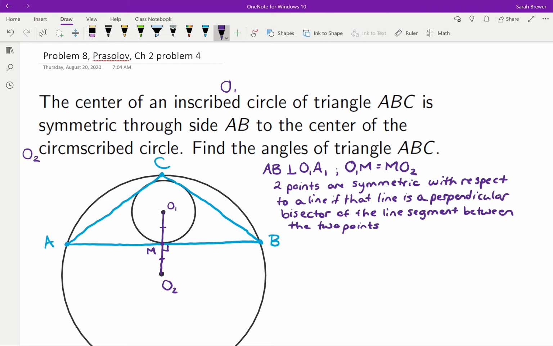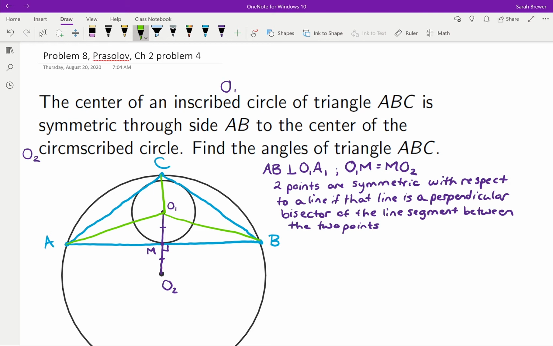The way we construct an inscribed circle with a ruler and compass is that the first thing we do is find the angle bisectors of the three angles of the triangle, and the point where those intersect gives us the center of our inscribed circle.